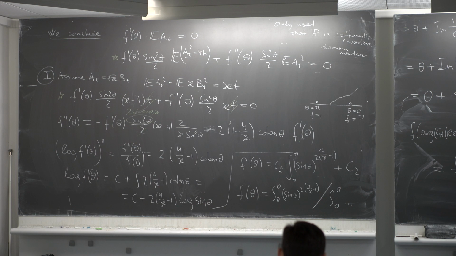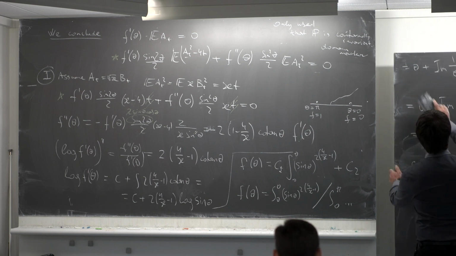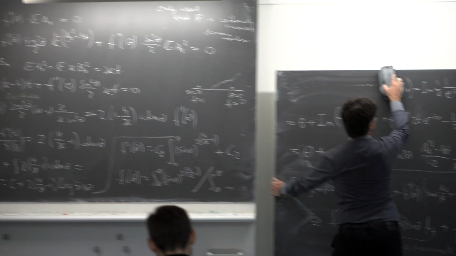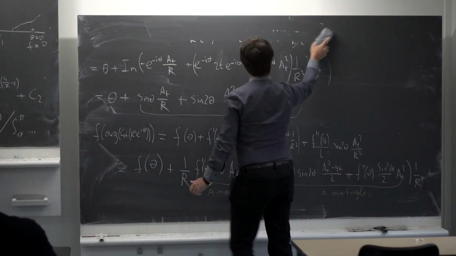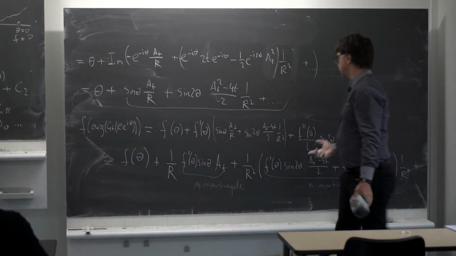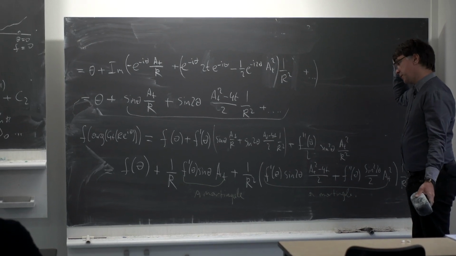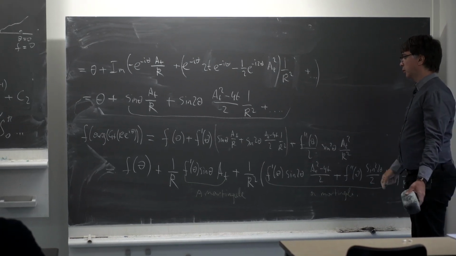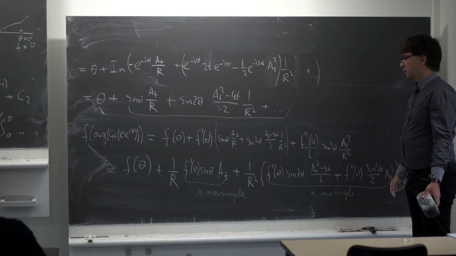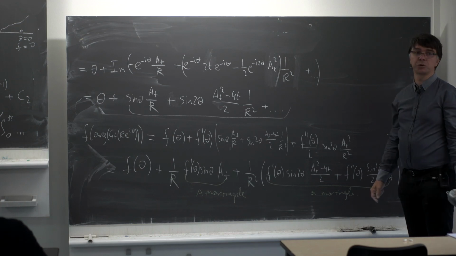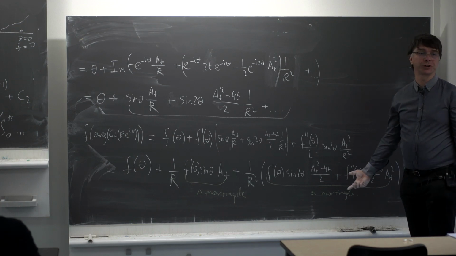So this is the exact formula for the probability that SLE passes to the left of some point. What I did here is essentially the same thing you would do with Ito calculus, but we pretended we don't know Ito calculus.